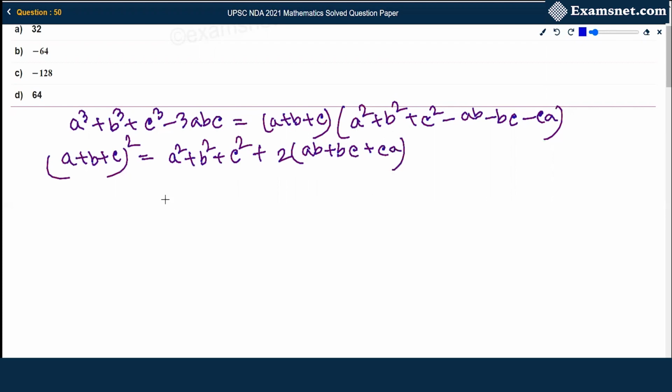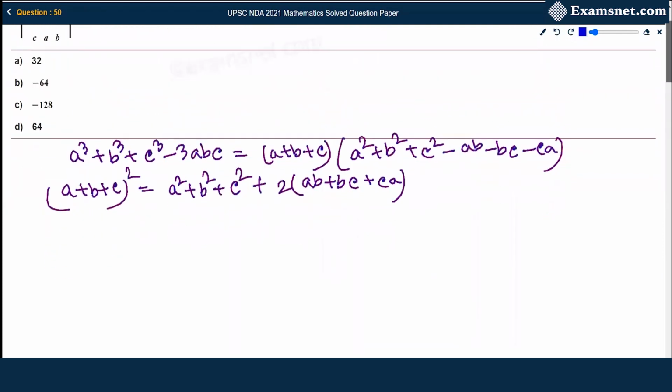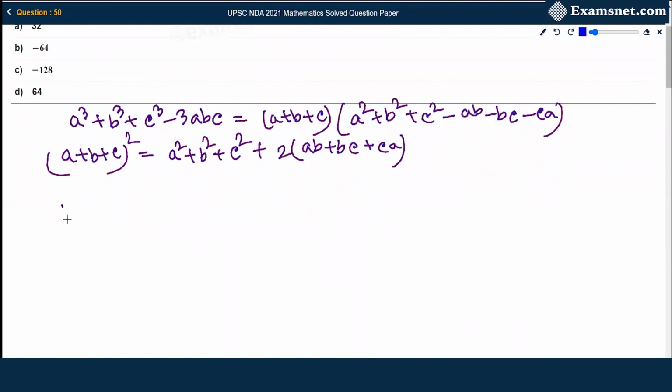Okay, now look at this determinant. We are going to find the value for this determinant. Let's expand it. Let's name it delta. Delta equals to the determinant with rows A, B, C; B, C, A; C, A, B. Right? So we can find the value by expanding it with respect to the first row.